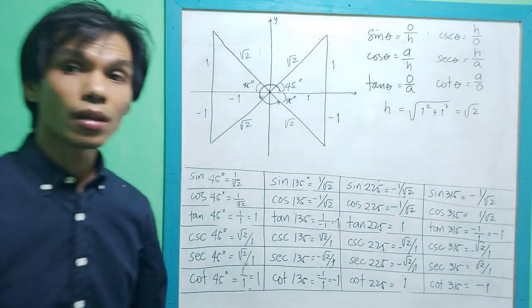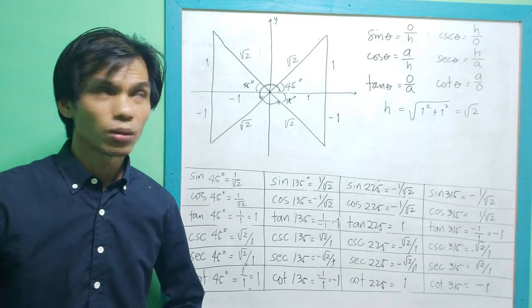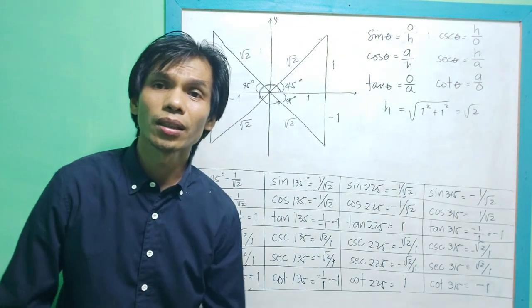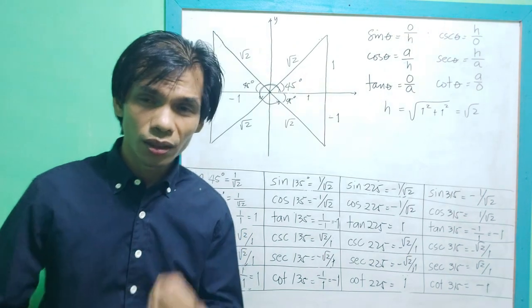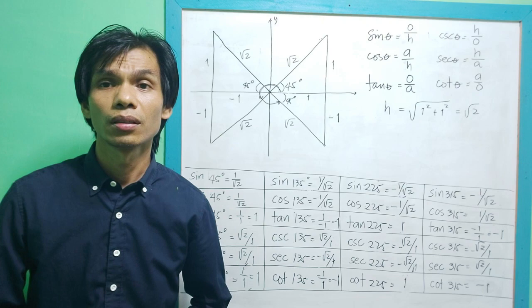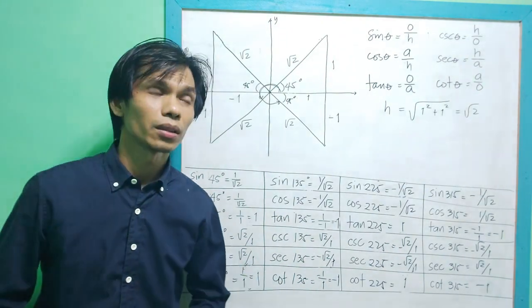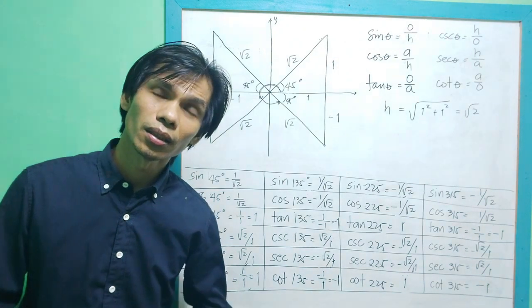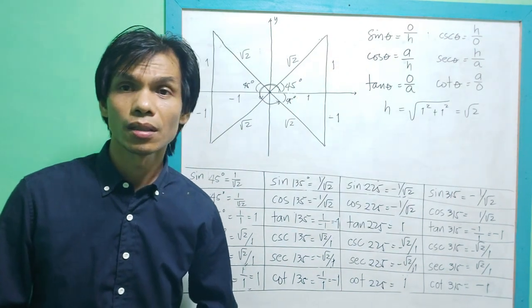Yan. So these are the values ng mga special angles natin. So titingnan, tatlo lang yun eh. 30 degrees and its multiples. Okay? Ano pa? 60 degrees, tsaka yung kanyang multiple, at tapos yung ating 45 degrees.